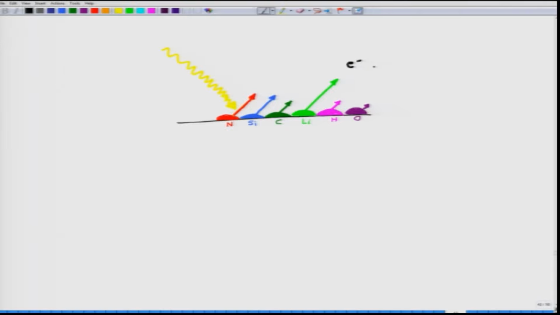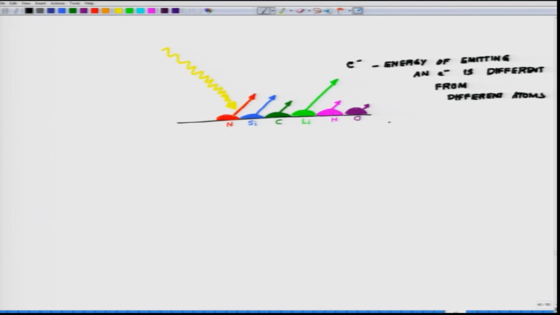The energy of an electron emitted is different for different atoms, where the different atoms are of different colors.